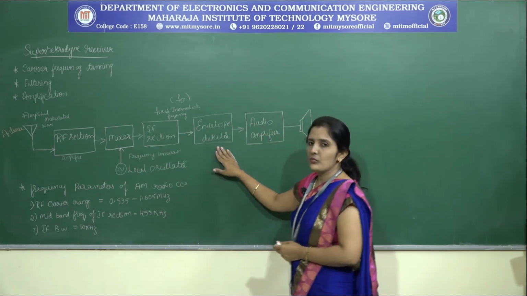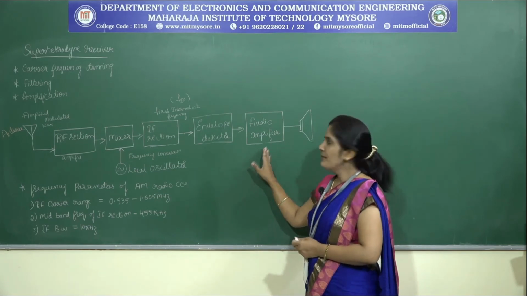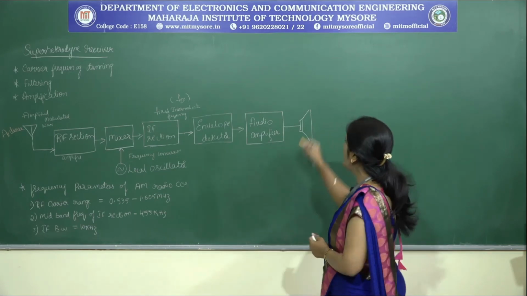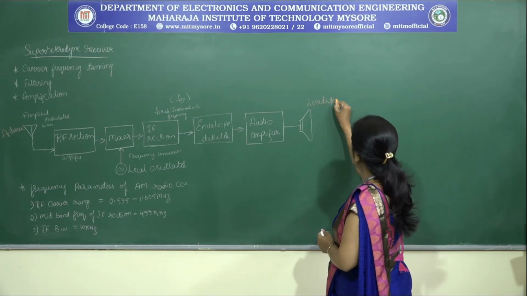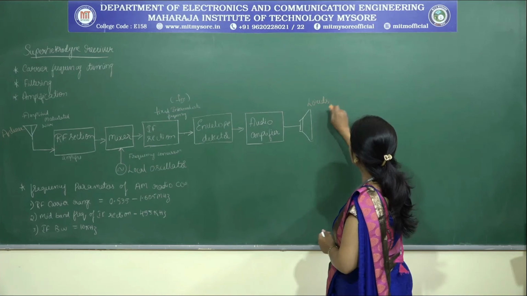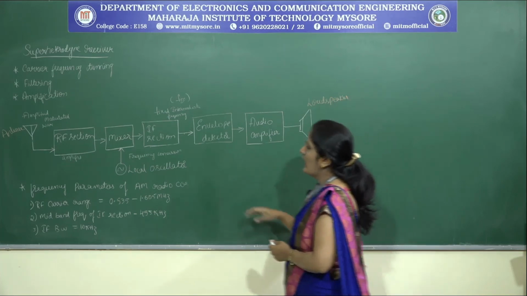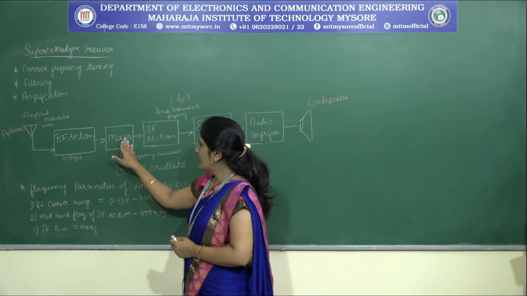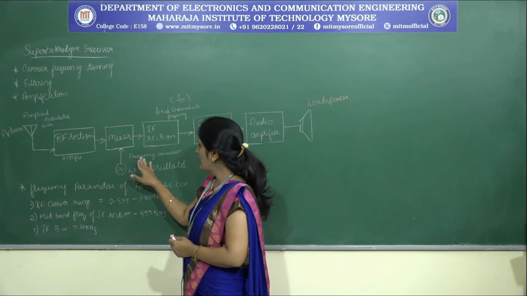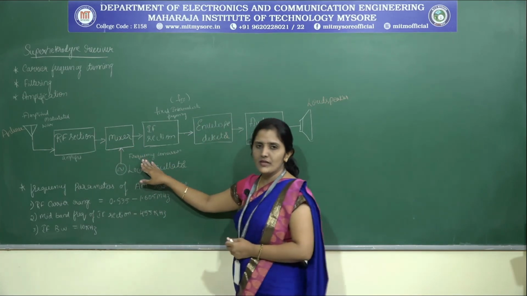Up to here it performs the reception process. In the demodulation process we have the envelope detector and also the audio amplifier, which is connected to the loudspeaker. Whatever the local oscillator signal is given to the mixer, along with the output of the RF section, performs the frequency conversion.